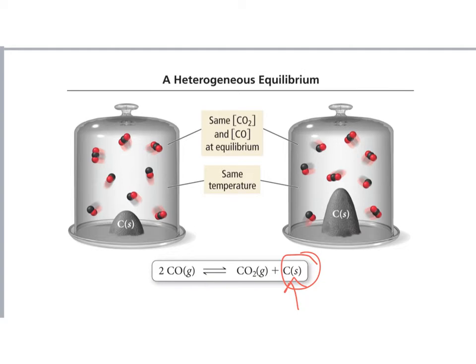And if you count everything up in this, it is essentially independent of this solid. If there's solid present, you can't look at the concentration of it, therefore that concentration does not come into play, therefore these will be the same in terms of the concentrations of CO2 and CO.